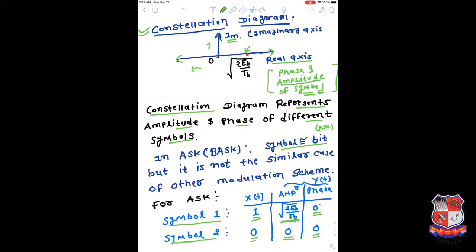If something is imaginary and negative, we can put it over here. If something is complex, with some real part and imaginary part, we can put it here, here, here, or here, depending on the phase angle. So this constellation diagram simply represents the value of a symbol with its amplitude and phase.